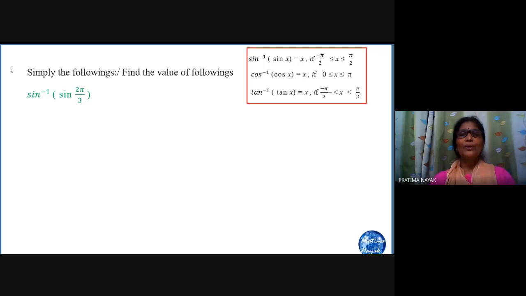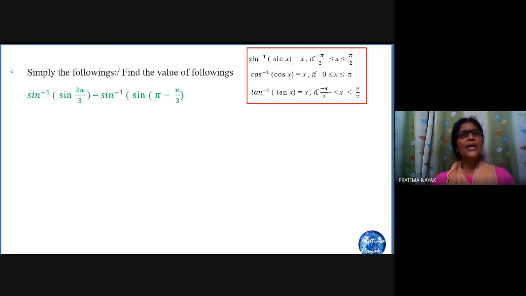Keeping these concepts in mind, now we'll solve some objective problems. This comes in the board examination as a 1 mark question, and for a 1 mark question in the CBSE you need not write all the steps, but for understanding, you should first learn how the value comes instead of memorizing the answer.